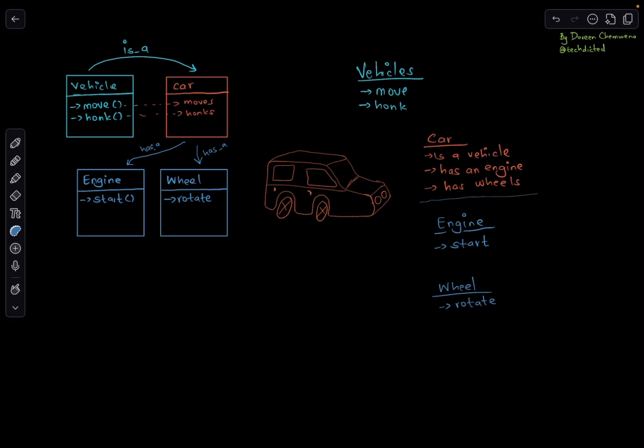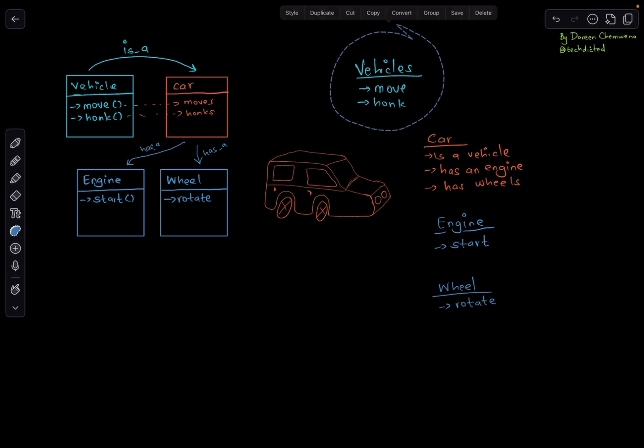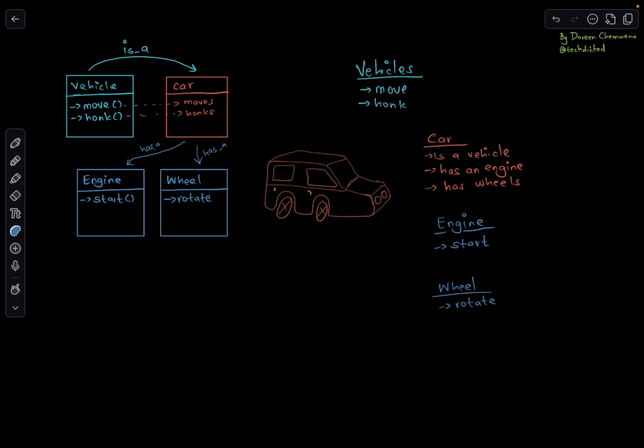Now, a car has an engine and it can have different engines. The engines can be different depending on which car. And also a car has wheels. So for this, because a car is a vehicle, it will inherit from vehicle. Whatever vehicle has in it, we'll just take as is.